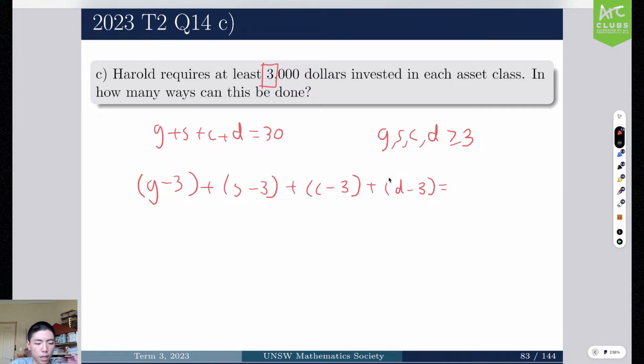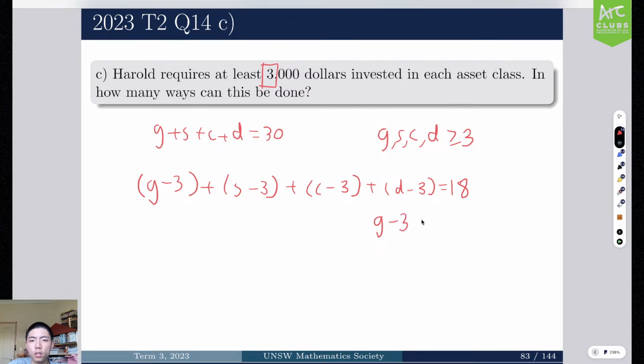This is going to give us a new equation that adds up to 18, after we've given 12,000 to the 4 asset classes, right? After we've given out 12,000, there will be 18,000 left to distribute, on top of the 3,000 we've already given to each asset class. In that case, we just treat this like a normal stars and bars question.